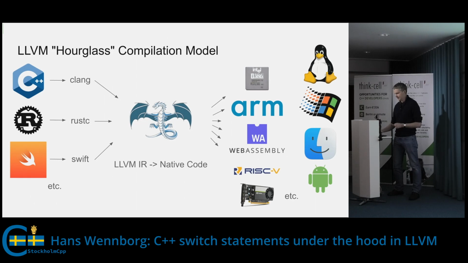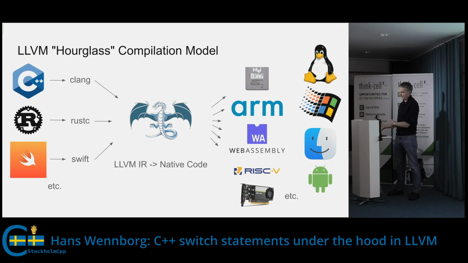And sometimes we talk about this hourglass model of compilation, where LLVM sits in the middle, in the narrow part of the hourglass. On the left, it can take input from a bunch of different programming languages with compilers that emit LLVM's intermediate representation, or IR.